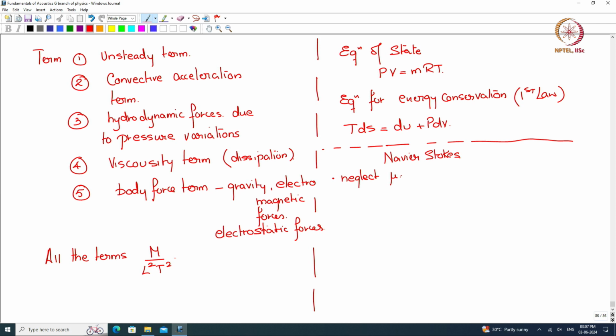If we neglect viscosity, what do we end up with? Okay, and we neglect the convective term.